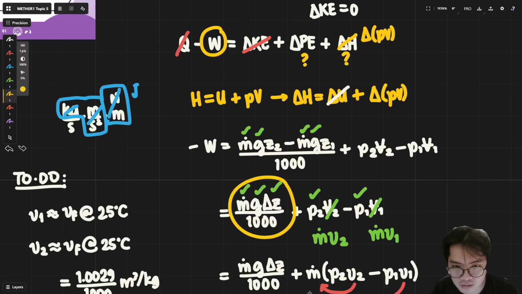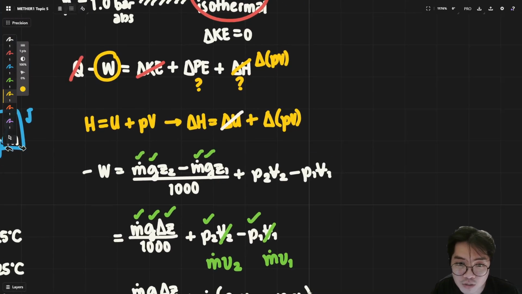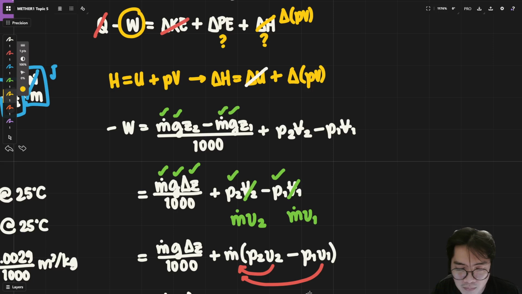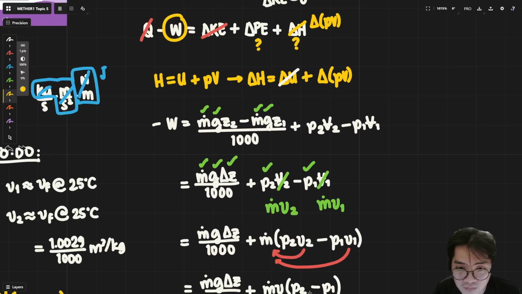Now we get a delta PV, which is P2V2 minus P1V1. But the problem is we don't know our volume flow rates. So what if we were able to turn them into M dot times v? And apparently, yes, we were able to.